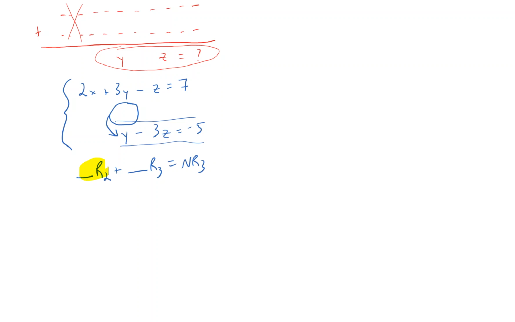So figure out what you need to multiply row 2 by, and then write that out after you multiply it, and then add it to what you get after you multiply row 3. Add those together, and what should happen is the y terms should cancel, and all that should remain is some z term equals some number.